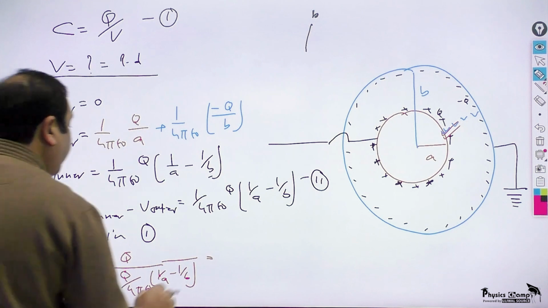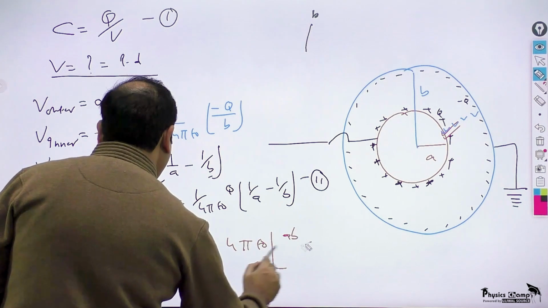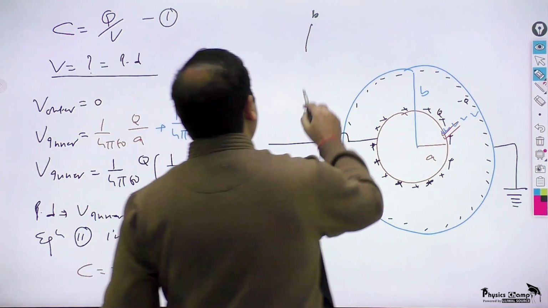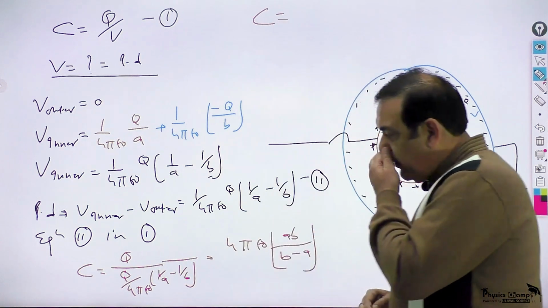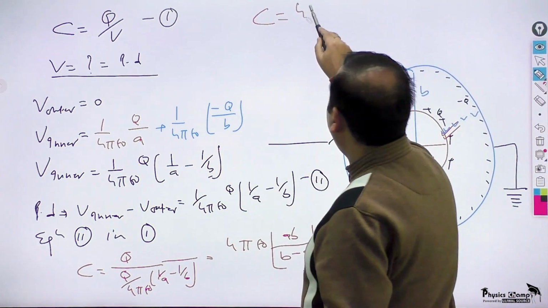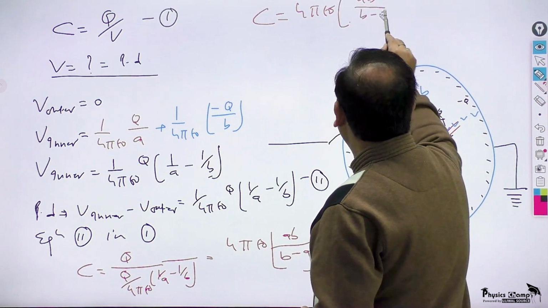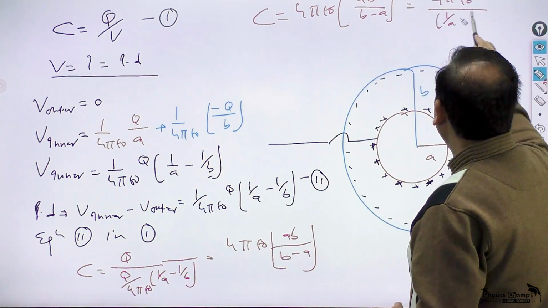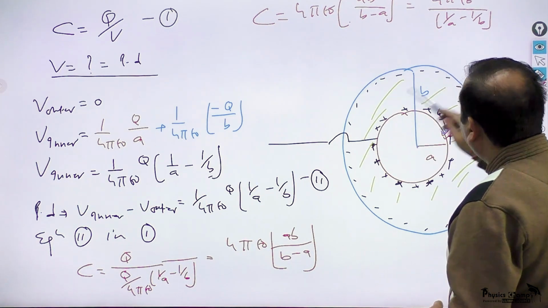So we are getting capacitance as 4 pi epsilon naught AB by B minus A. So the equivalent capacitance of a spherical capacitor is 4 pi epsilon naught into AB by B minus A, or it is 4 pi epsilon naught divided by 1 by A minus 1 by B. And what will happen if the space is filled with a dielectric of constant K?